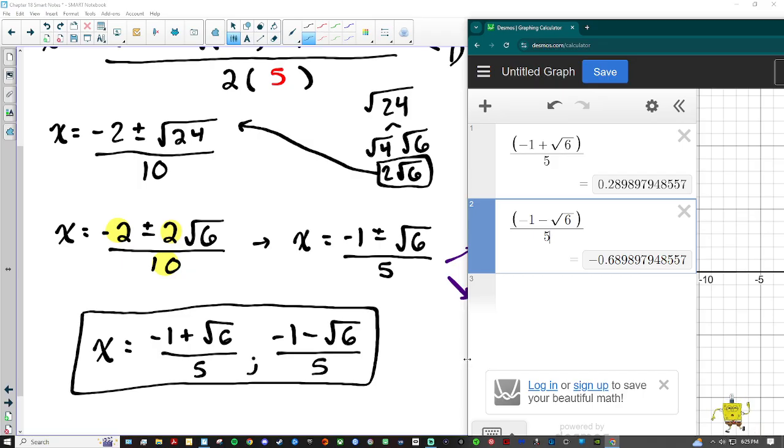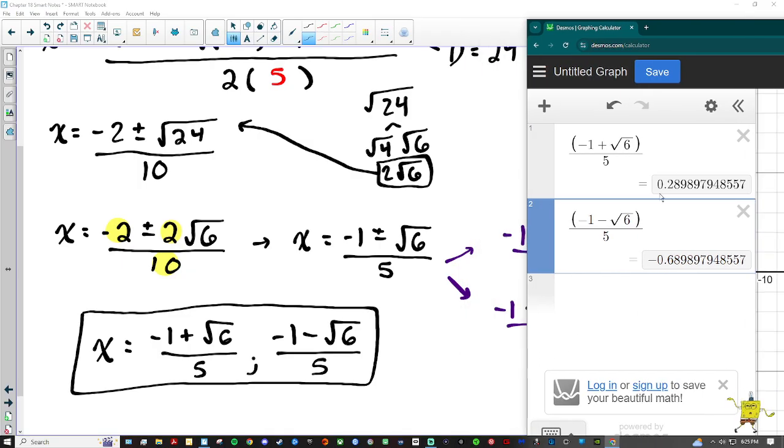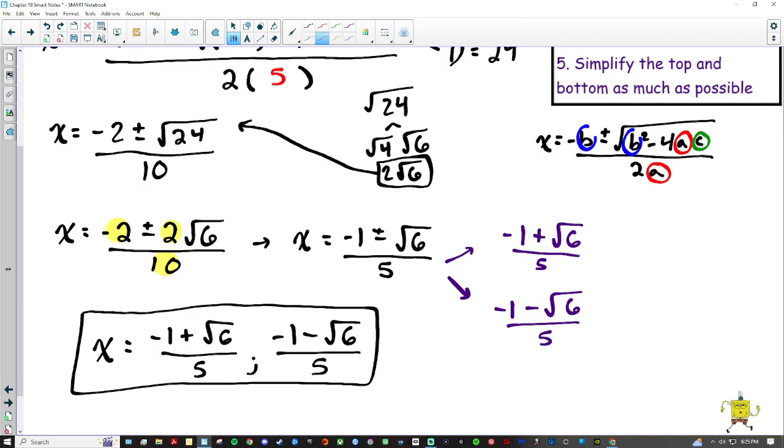If it asks us to round to the 100th place, we would get 0.29, because the 9 bumps it up, and 0.69. So 0.29 and 0.69 if it asked us to write it as a decimal.